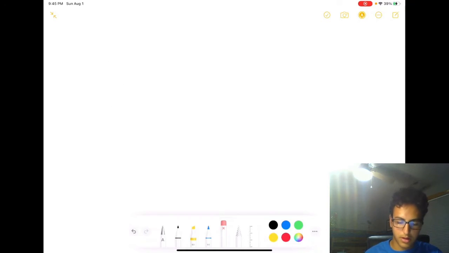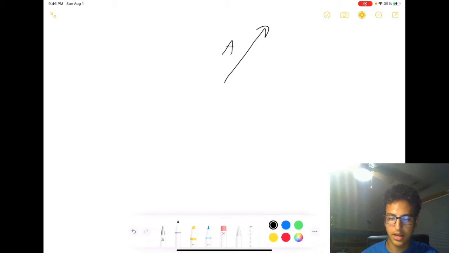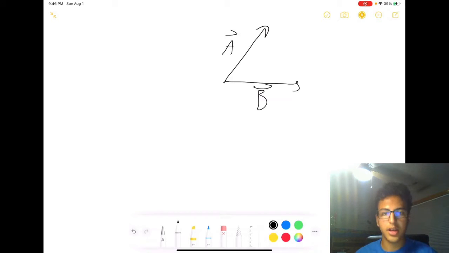So I'll have here two vectors. Call this vector A, and we'll call this vector B. We want to multiply these two, and they're connected with an angle theta. We want to multiply these two using the dot product and the cross product.